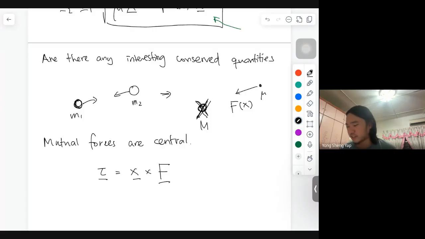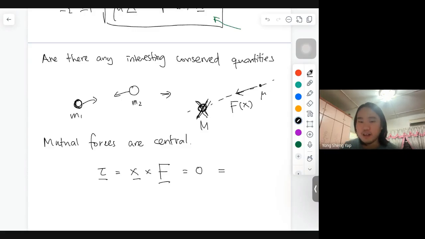You find something very interesting: the torque is always 0, because the force always points in the direction of the position vector of the separation between the center of force and the reduced mass.